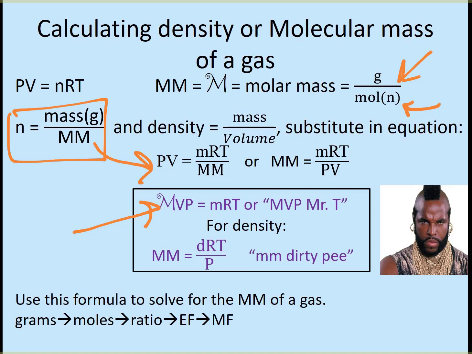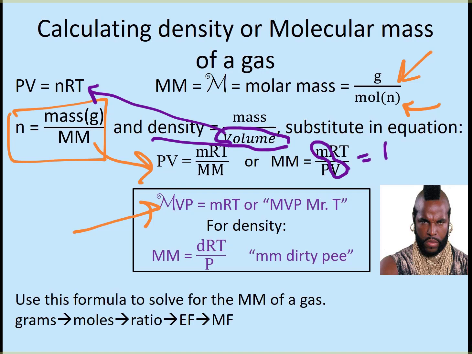Now for density, we can put density into the formula. And when we look at density, density is mass divided by volume. So we can take and solve for volume because volume is what we see in PV=nRT. And when we do that, we get this right here substituted for density.